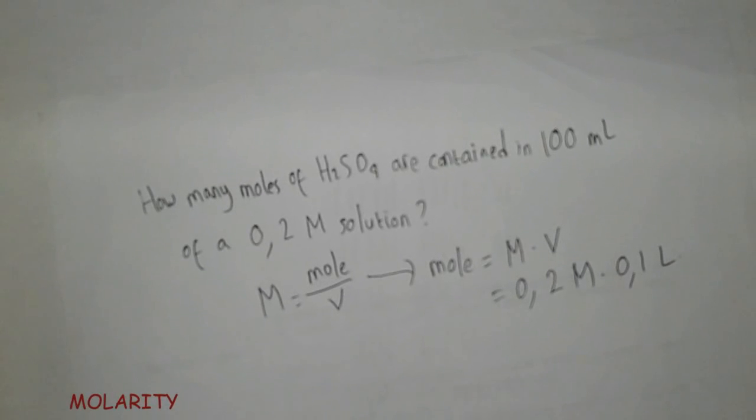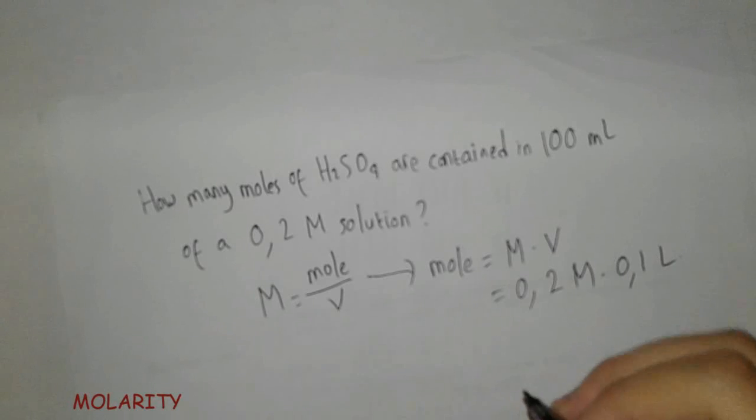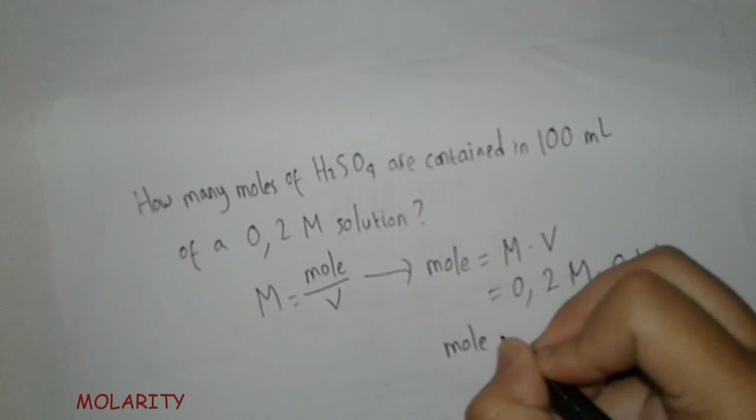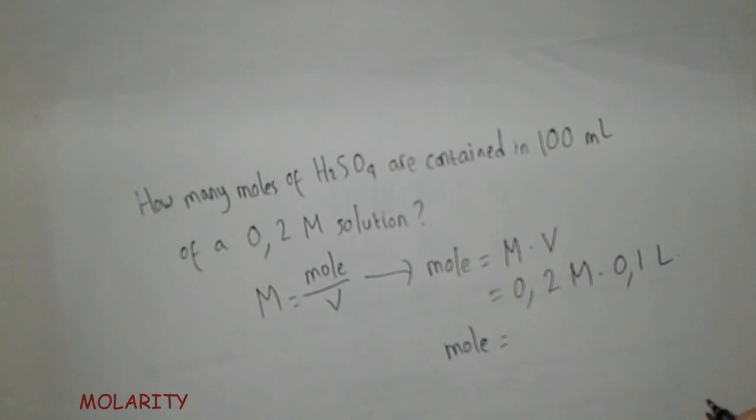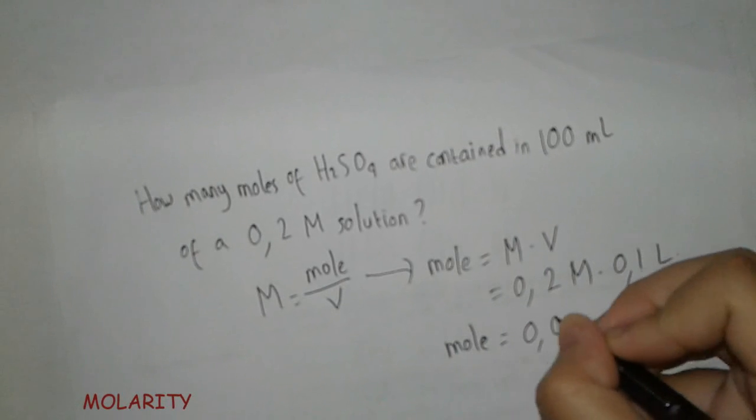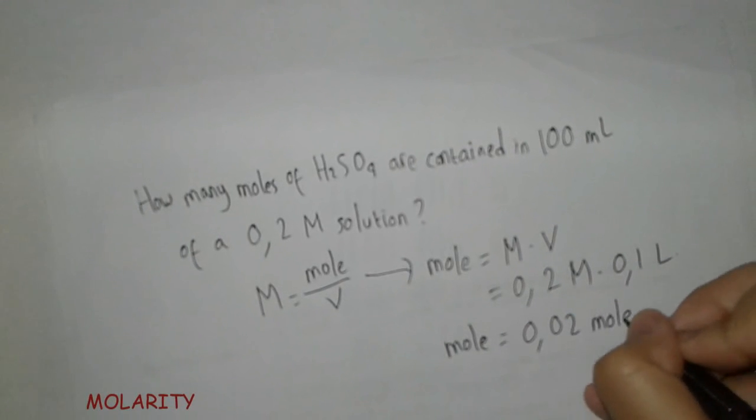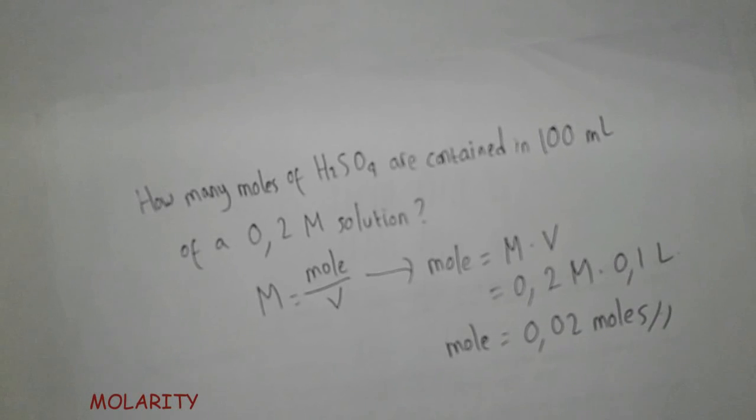Okay, so it's clear enough, right? The moles will be 0.2 times 0.1, which becomes 0.02 moles. So this is the moles.